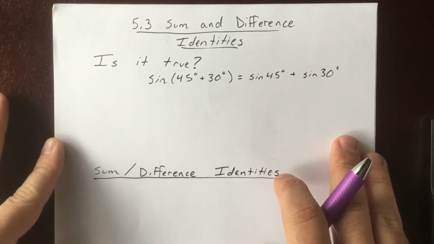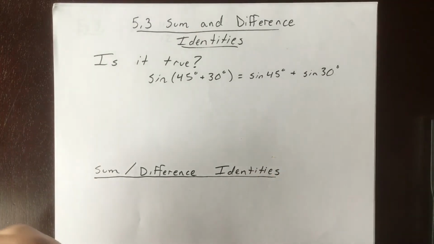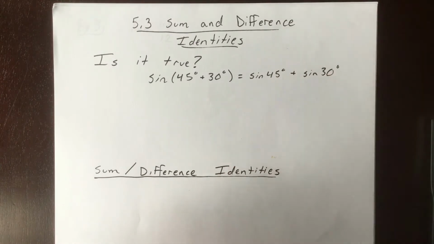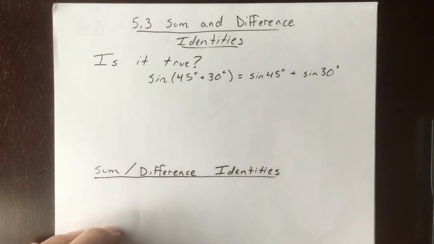We are looking at the sum and difference identities in this lesson. So is this true? If I took the sine of 45 plus 30, is it equal to the sine of 45 plus the sine of 30? Well, the only way to test this is to use our graphing calculator at first.